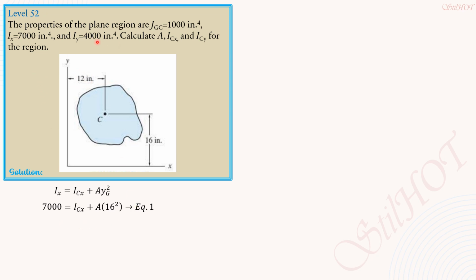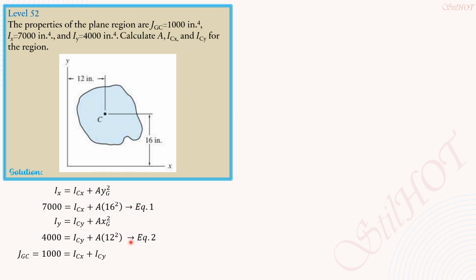So Iy, 4000, equals Icy plus area times xg squared. So 4000 equals Icy plus area times 12 squared. Call that equation 2. Then let's reinforce this. J sub GC is 1000 and it is Icx plus Icy.